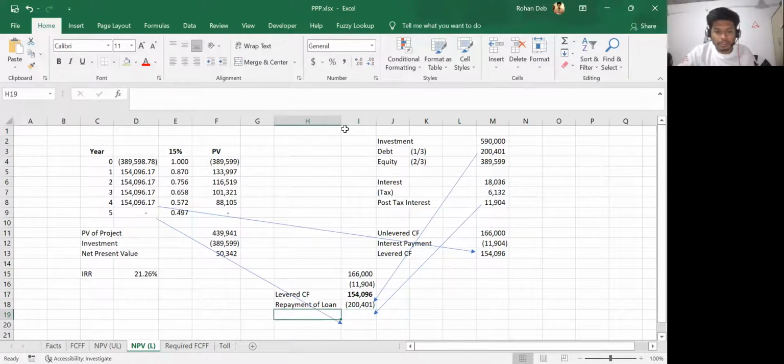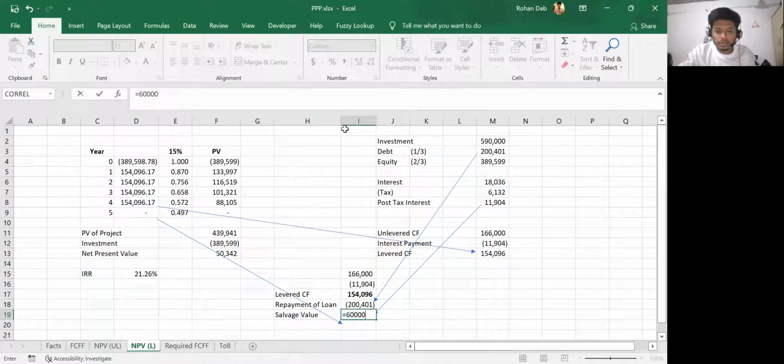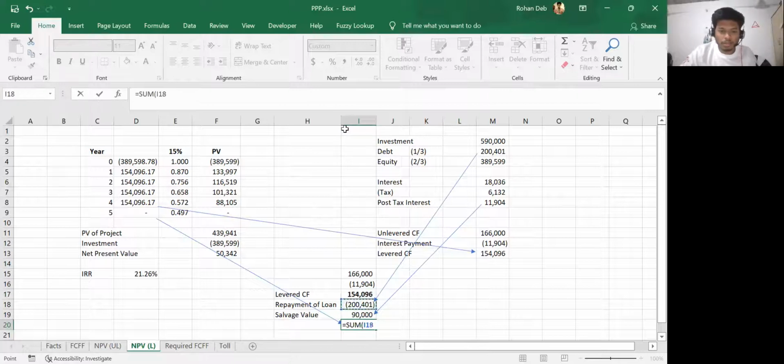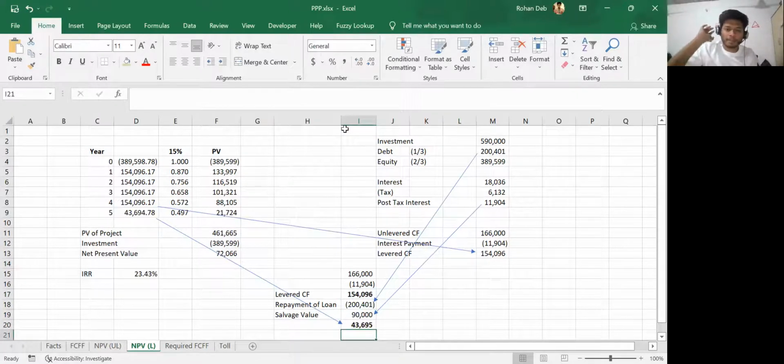I'm repaying the loan, and the salvage value is 60,000 plus 30,000, so this comes to 90,000. So it equals this minus repayment plus this. Because it's already a negative figure, I'll just add everything. Now this comes to 43,695. This is my unlevered cash flow minus interest payment, which comes to levered. Levered minus repayment of loan plus salvage value comes to my cash flow for year 5.